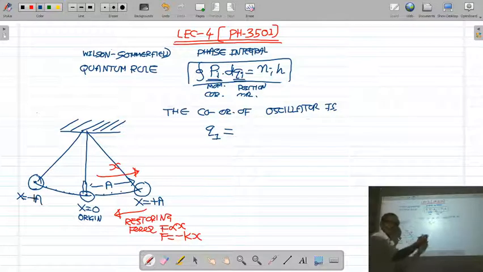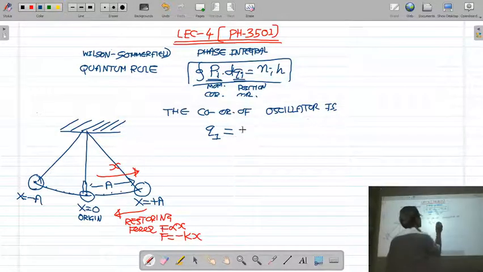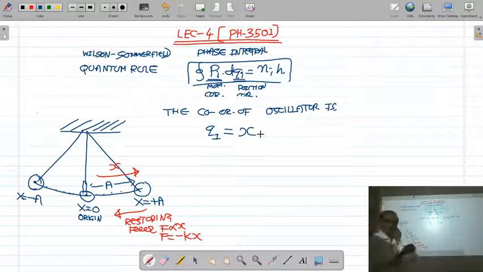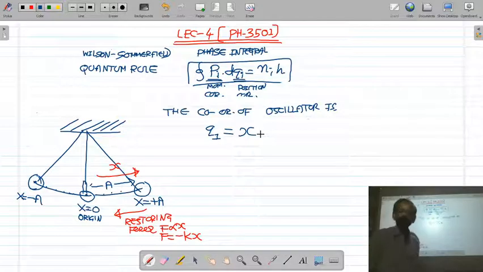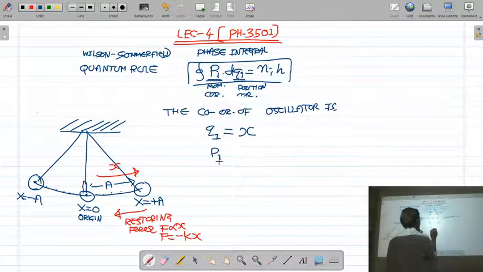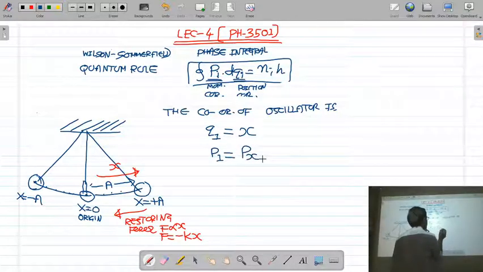So when the oscillator is oscillating in x direction, only its x coordinate is changing. If it is oscillating in x direction, it has only x coordinate; if it is oscillating in y direction, it has only y coordinate. Our oscillator is oscillating in x direction, so it has only x coordinate, and in x direction the momentum of the oscillator is px.